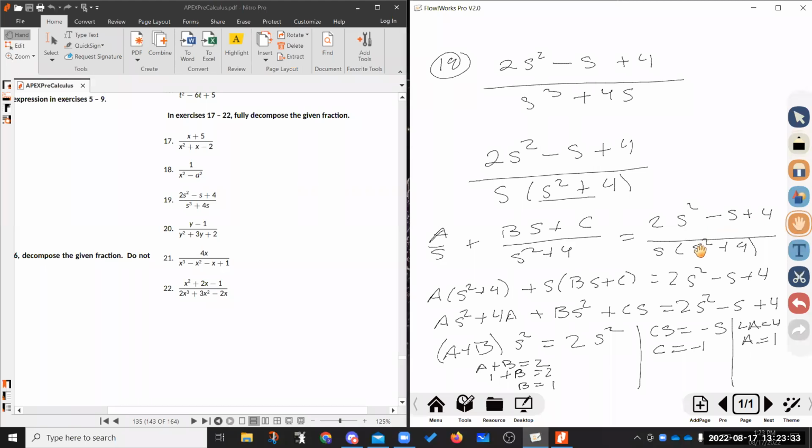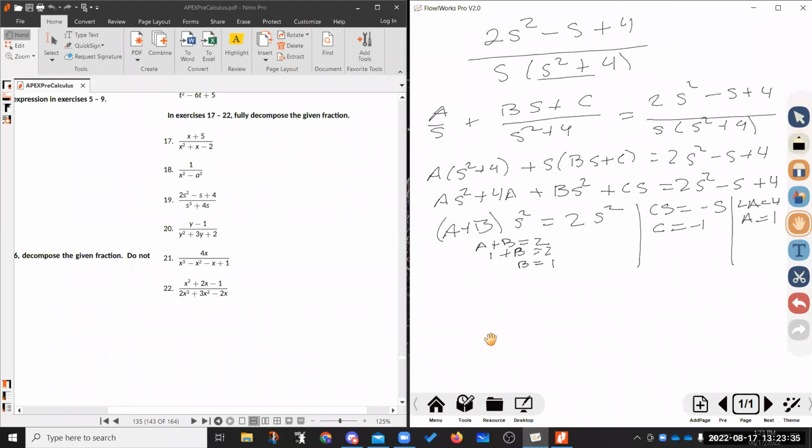Therefore, I should be able to come back here and say that my simplified version is 1 over s plus s minus 1 over s squared plus 4. That should be the same thing as 2s squared minus s plus 4 over s cubed plus 4s.